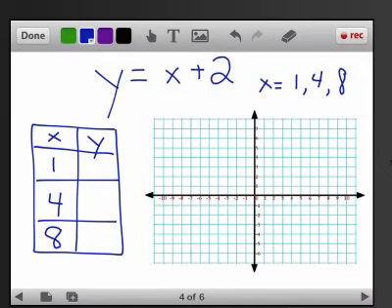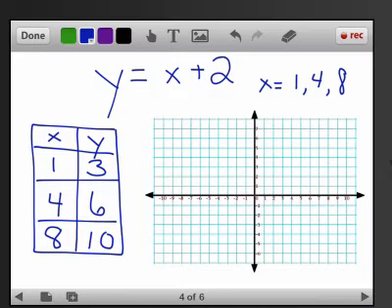I need to replace that x now to figure out what my y would be. Y equals x plus 2. Y equals 1 plus 2, which is 3. Y equals 4 plus 2, which is 6. Y equals 8 plus 2, which is 10.